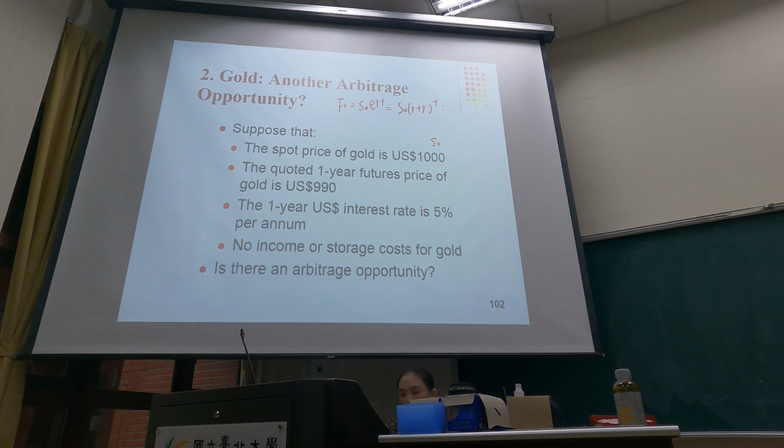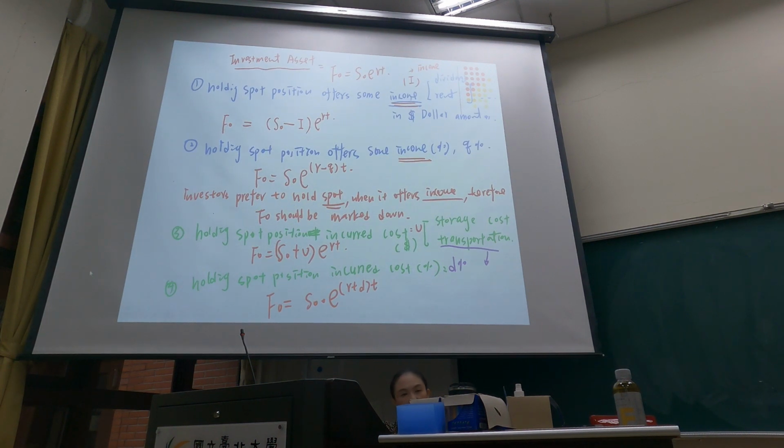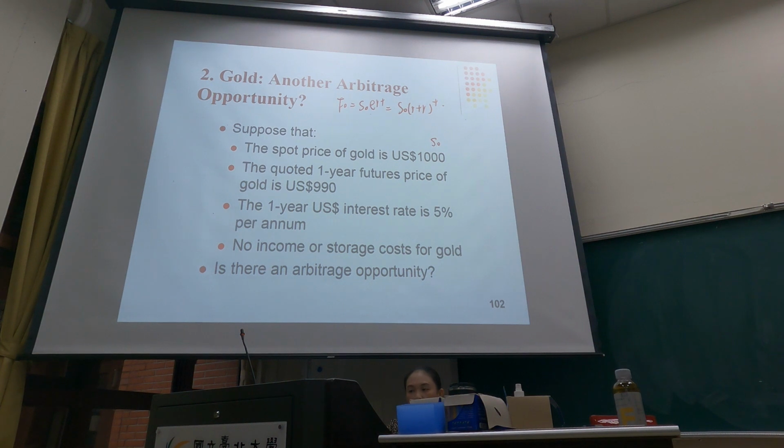Remember, when we are using all this pricing model, the price you figure out is what we call the model price, or theoretical price. And this second one, the quoted price, that's the market price, okay? It's different. Are we okay with that?